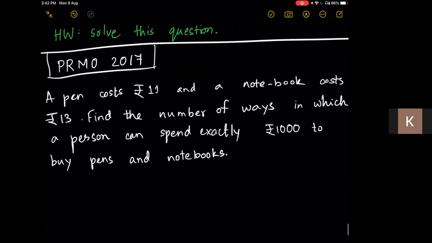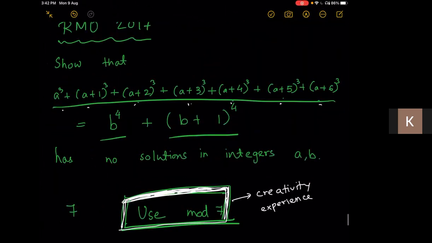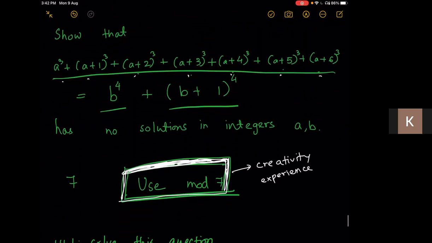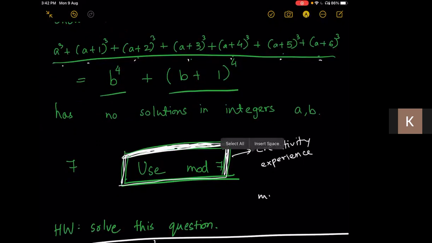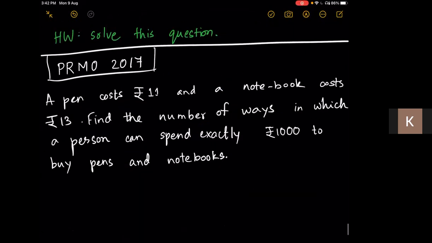So now, these were equations where we use modulo to show that there is no solution. But this is just one type of question. There can be a lot of types of Diophantine equations. Let us discuss this question which came in DRMO of the same year. Read the question, please, everyone.